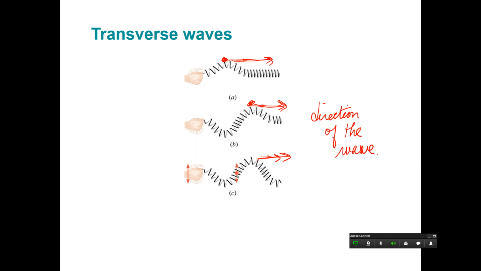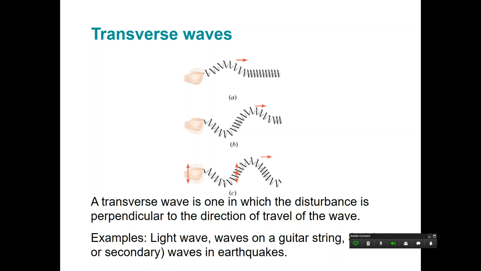We're good? See, the disturbance is perpendicular to the direction of the wave. Light waves and things like that are transverse waves. Sound waves are more longitudinal waves because the compression and decompression are high pressure, low pressure areas of air that create sound. Okay?